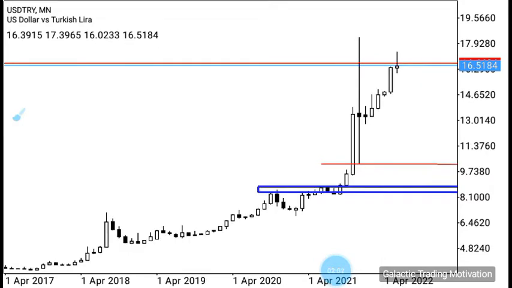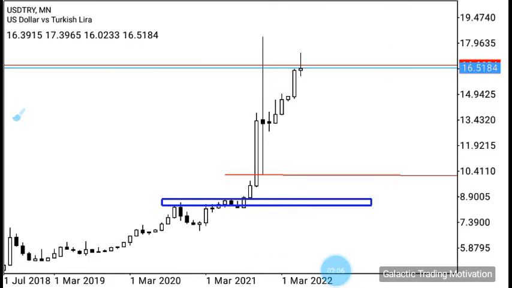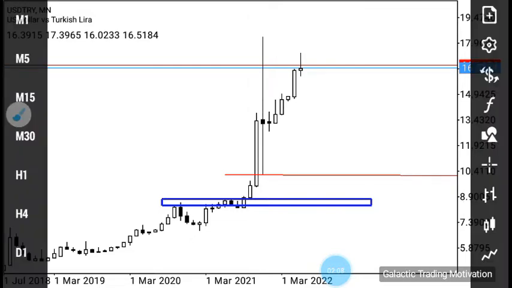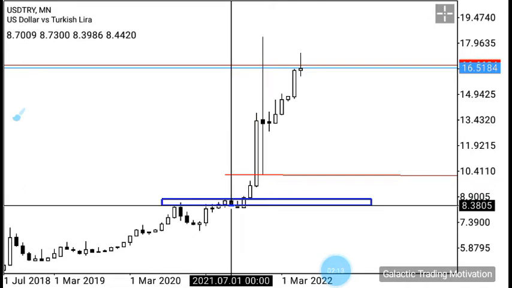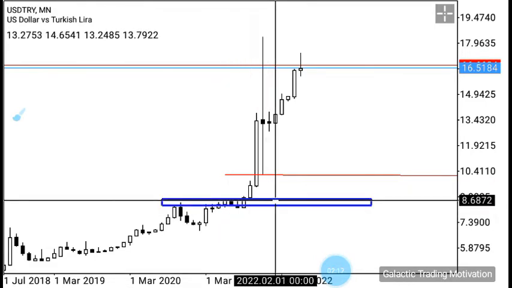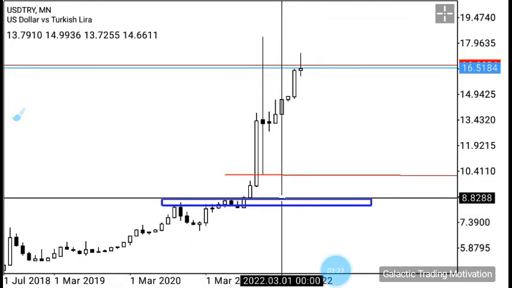The next thing that I'm going to do, since we have a W structure in this region, is add the Fibonacci retracement tool just to see if the neckline aligns with any of the key numbers that we have on that particular instrument.